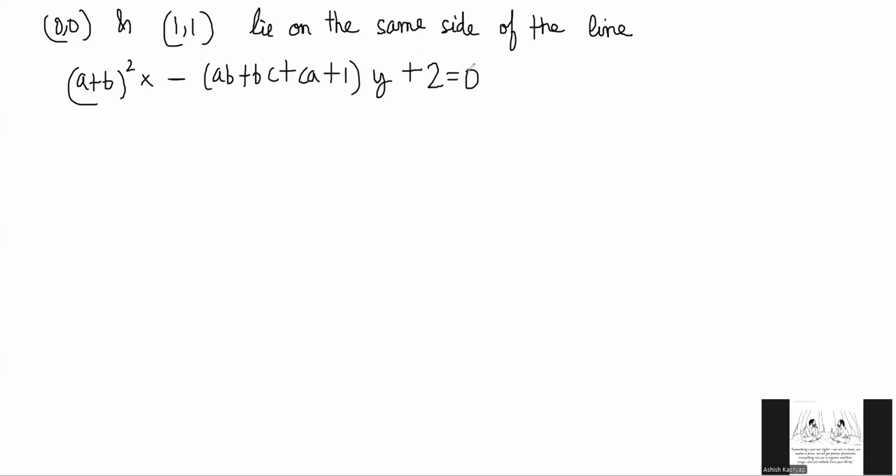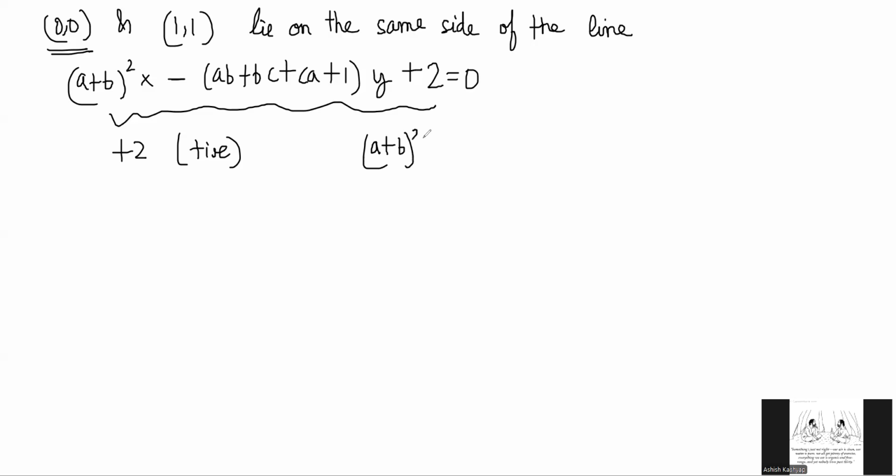So when do 2 points lie on the same side of a line? If you put the point (0, 0) in this line equation, you are getting plus 2, which is positive. And if (1, 1) lies on the same side of the line, then when you put (1, 1), it should also be positive, right? So you'll get (a plus b) whole squared minus ab minus bc minus ca minus 1 plus 2 should be greater than 0, right?